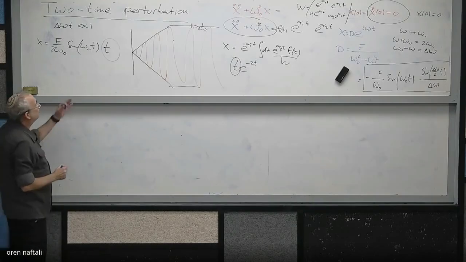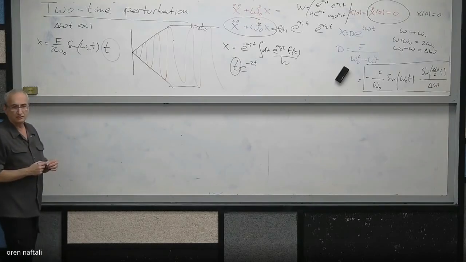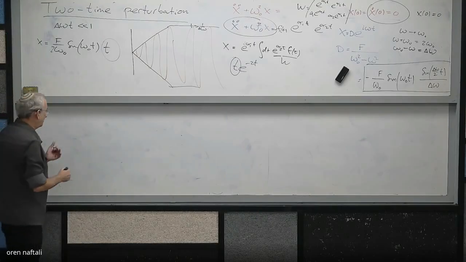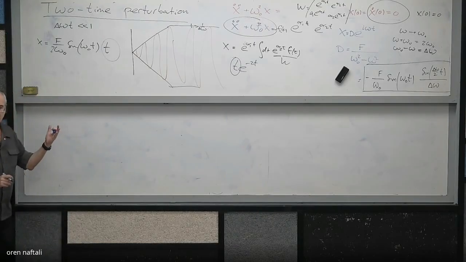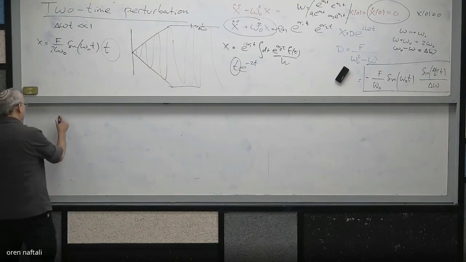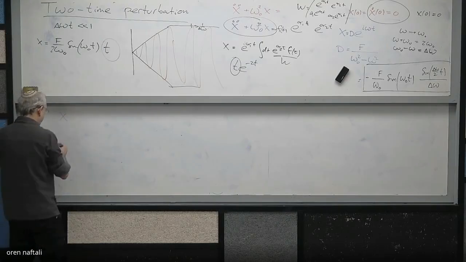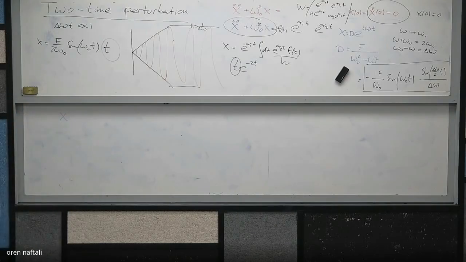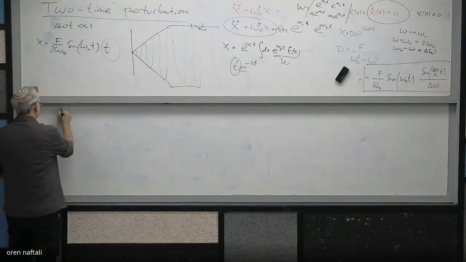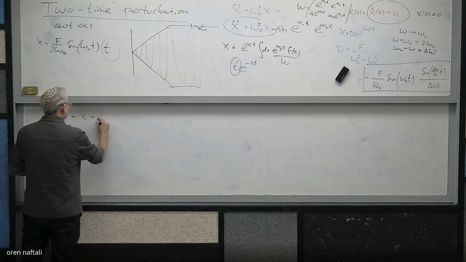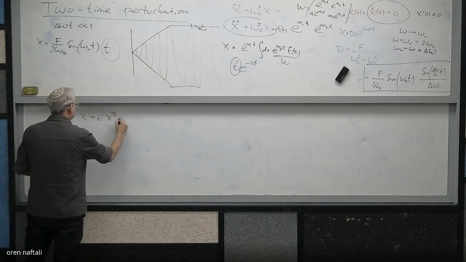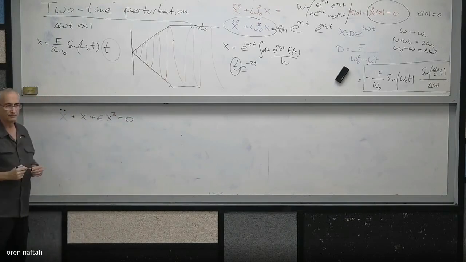Fine. So after all this long introduction, let me now show what's the relevance of this to perturbation theory. Let's consider the following equation now: x double dot plus x plus epsilon times x cubed equals 0.